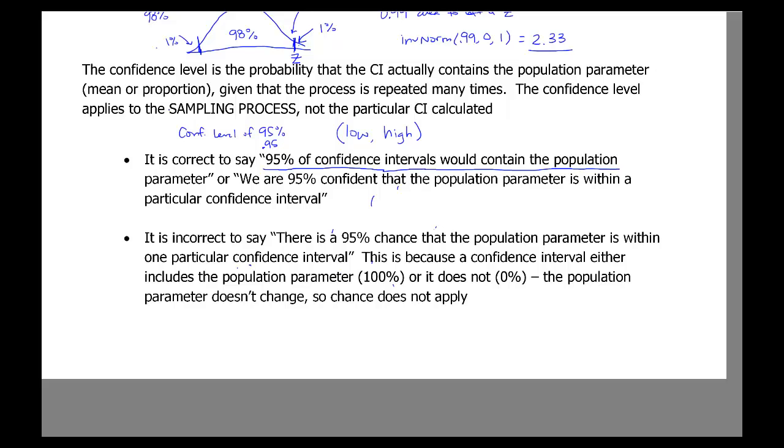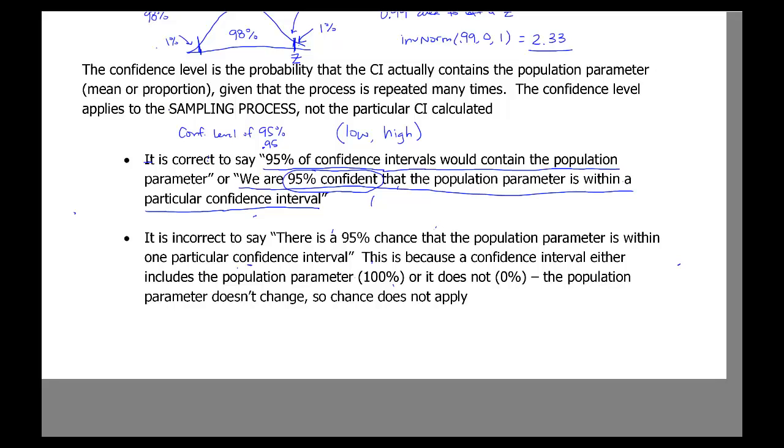The more common phrase that we use to interpret confidence interval is that we can be 95% confident that the population parameter is within a particular confidence interval. So typically we only take one sample and calculate one confidence interval, and we can say that we're 95% confident that the population parameter is within that one particular confidence interval that we calculated.